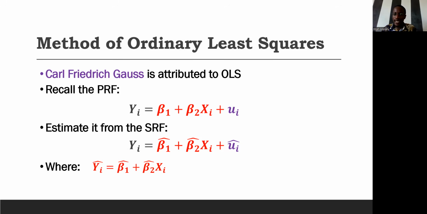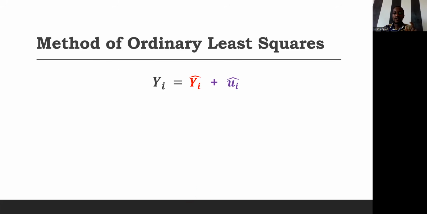So if we fix that in place of beta 1 hat plus beta 2 hat x, the population y would be equal to the estimated y plus the estimated error that we make. So we have this identity: our population y equals the estimated y plus the error term.